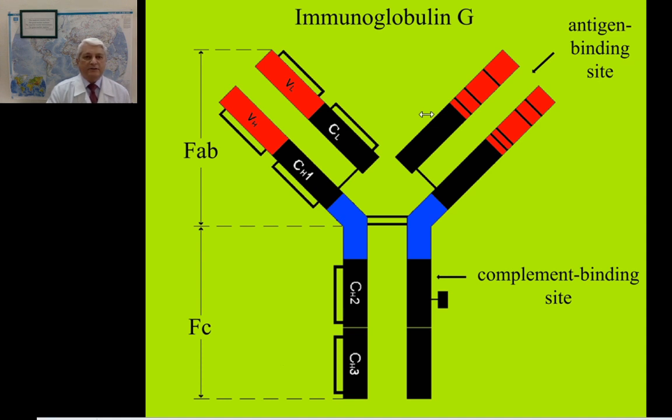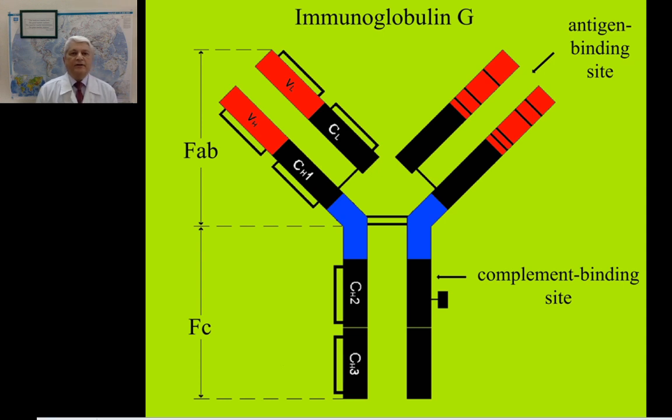Now we can explain that immunoglobulins are antibodies. What is antibody? Antibody is the main molecule of the immune system of vertebrate animals and also of people. And antibodies are molecules which can mark foreign substances, which we call antigens.